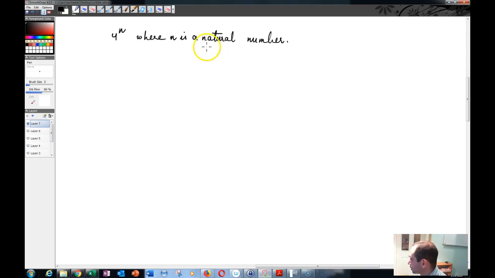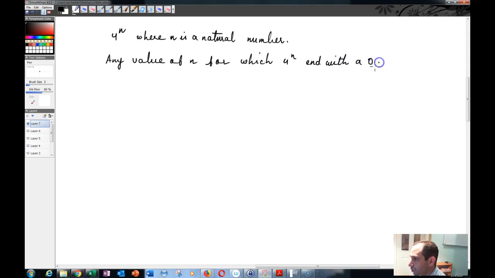Now you want to know whether there is any value of n for which 4 raised to the power n ends with a 0, okay? That means that the unit place in that number becomes 0.